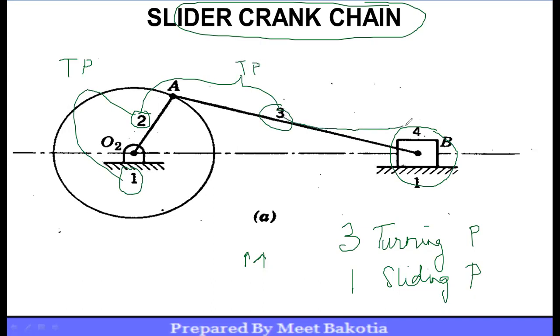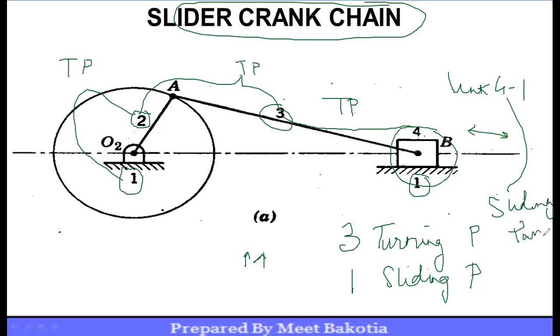Link 3 and link 4 form the third turning pair. And link 4 is going to slide. It is going to reciprocate with respect to link 1. So link 4 and 1 form the sliding pair. Hence, this is the difference between the 4-bar mechanism and the single slider crank chain mechanism.